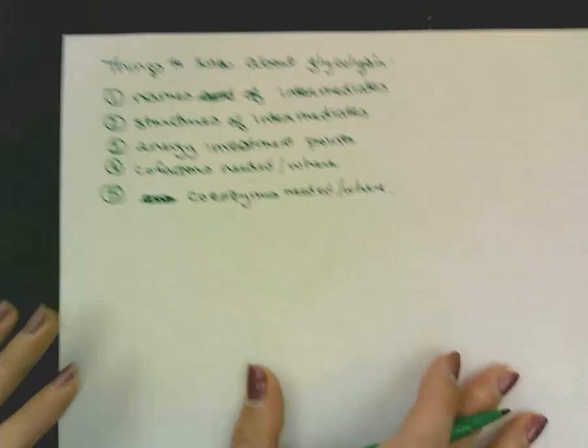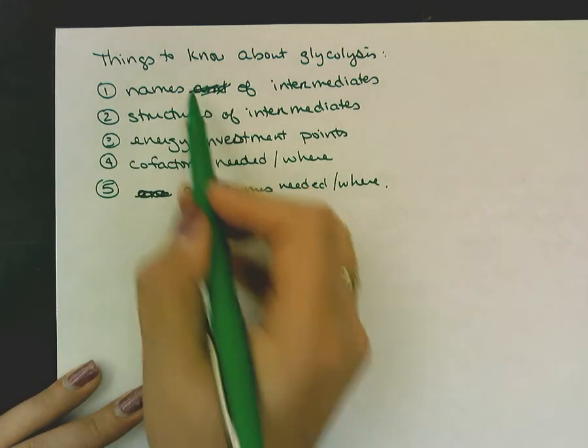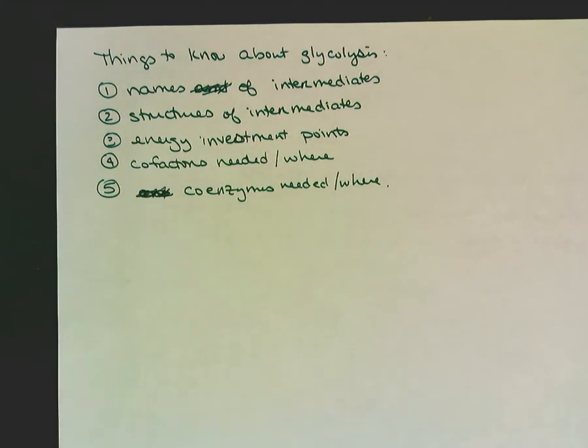All right, so for glycolysis, these are the things that you're going to need to know specifically: the names and structures of all the intermediates, the energy investment points, and the cofactors and coenzymes. What are they, and where are they being used?